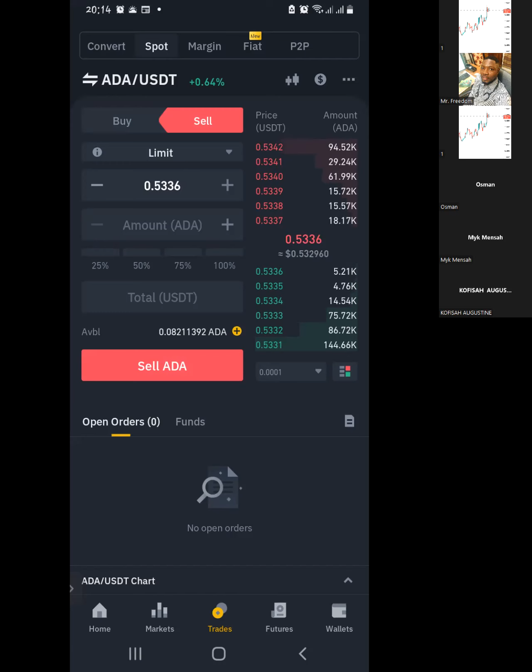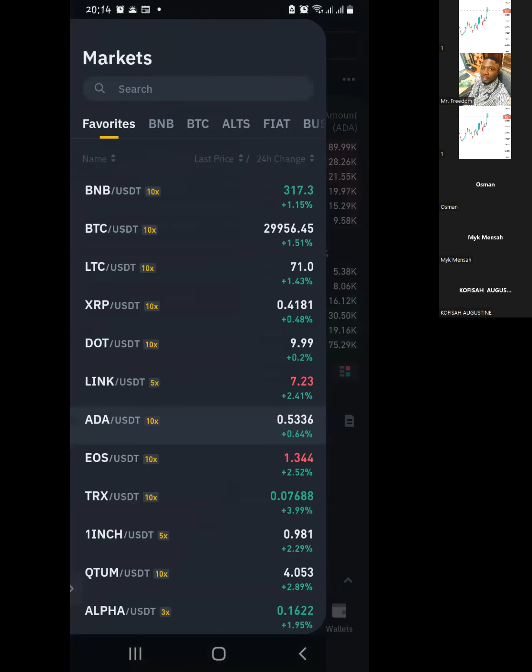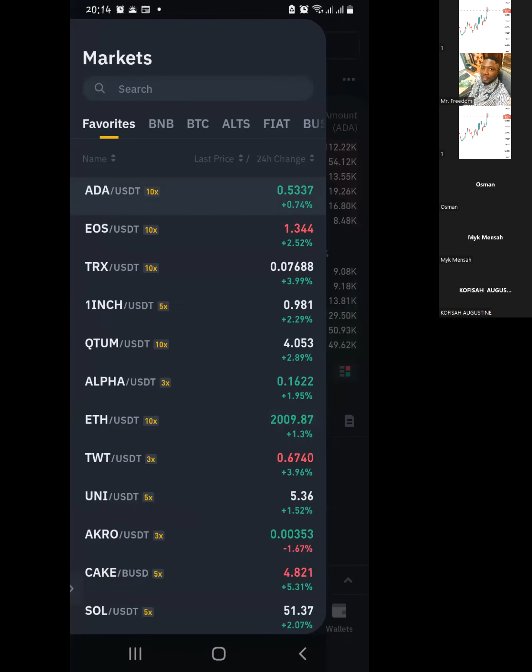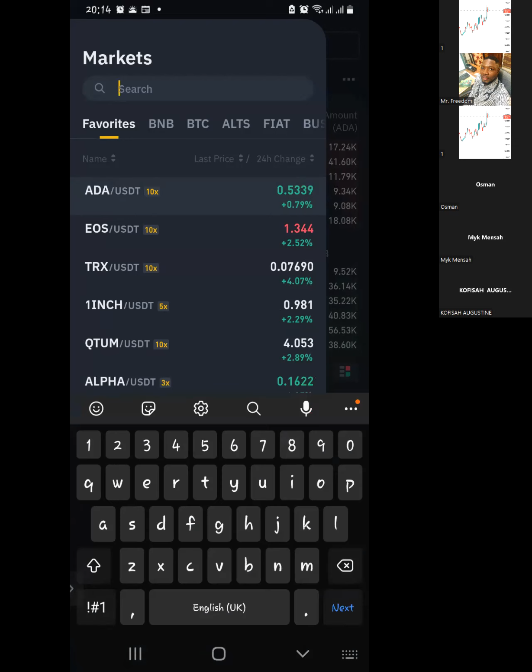So we are on buy now. Where you have your ADA USDT pair, when you click on it, it opens a list of coins and their trading pairs for you. So you can equally use it to search for any other token that you want to trade. Instead of going through markets, searching for the coin, and clicking on the buy button to bring you to trade, you can open the trade button straightforward.